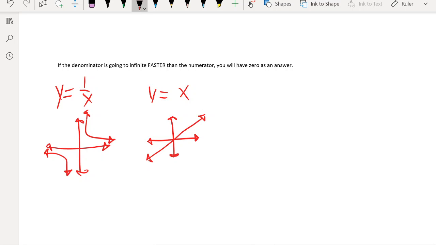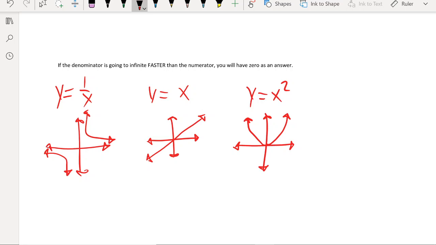So that's the idea, how fast is it going. Versus if I said y equals x squared, now we have a parabola. That's going to infinity faster. As x gets bigger, y goes to infinity faster. It has a bigger slope. That's the whole idea of faster here.